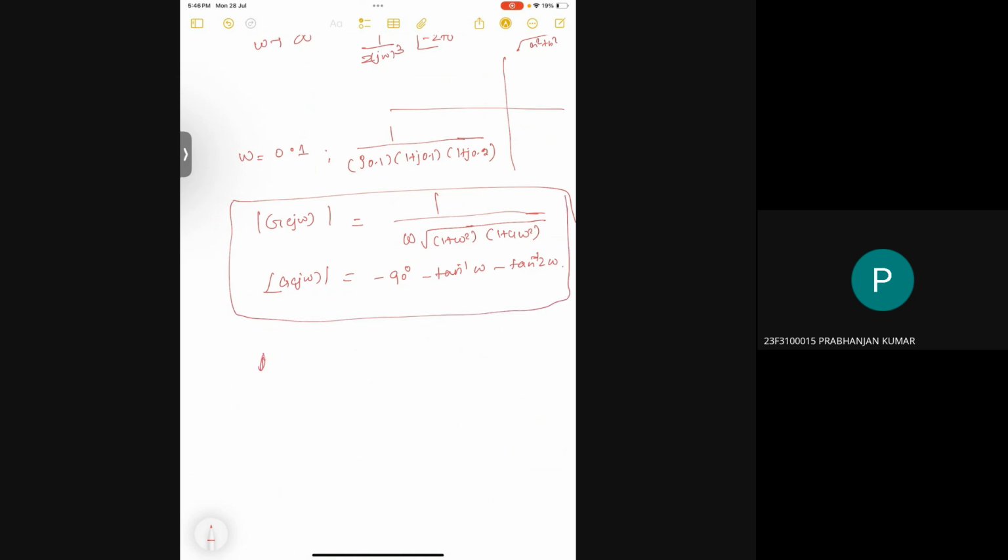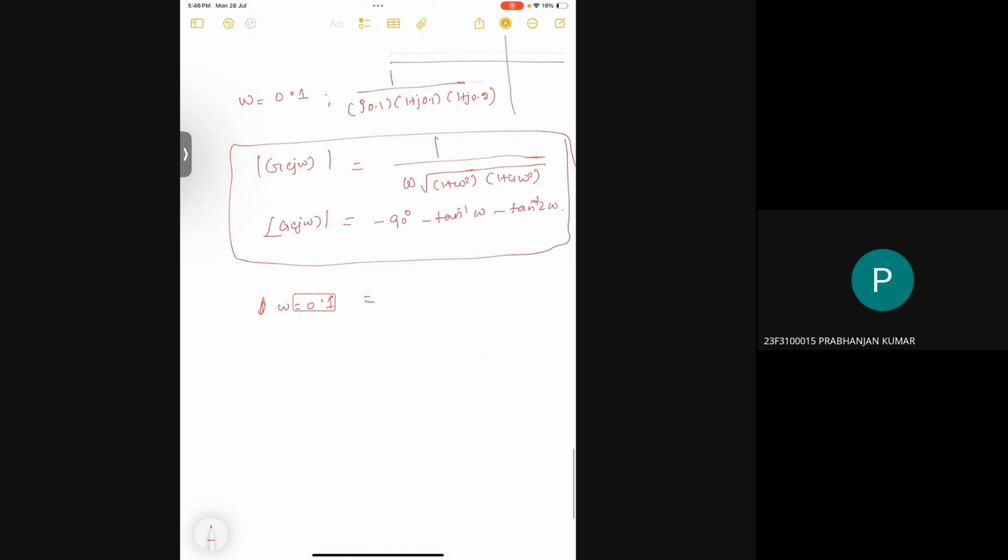So for evaluating the intermediate values, you can use this formula and just substitute the omega value here. When omega equals 0.1, evaluate on this. Just use a calculator and you can get the value.